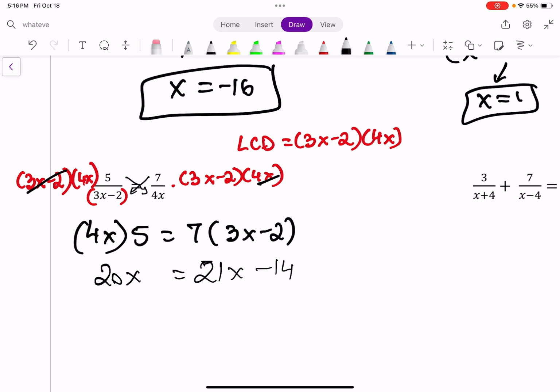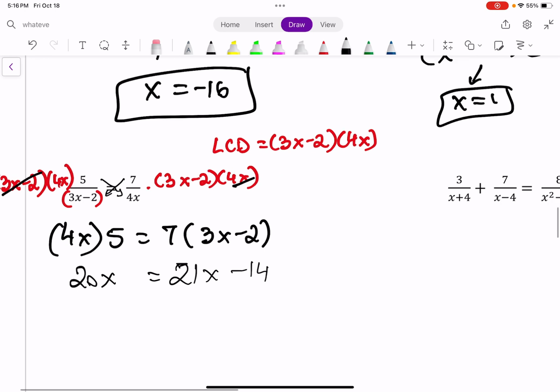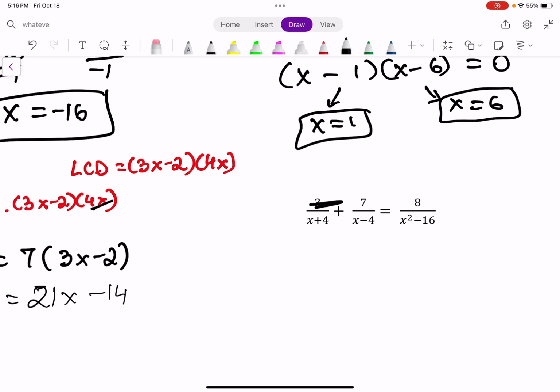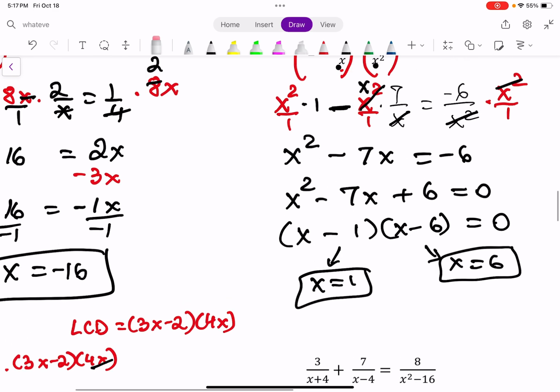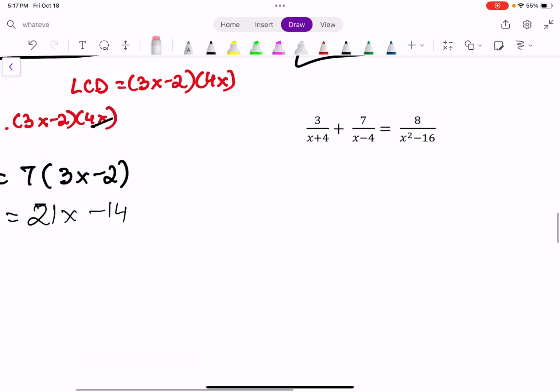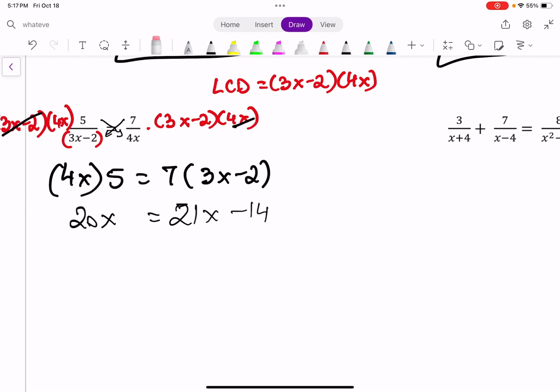So that's exactly what ended up happening. 5 you multiply to 4x, and 7 you multiply to 3x minus 2. But you can only do that if you have two fractions equaling each other, right? If it looks like this. But if you have more things, plus, plus, minus, you can't do that. And this is actually the only equation that I have here for you that looks like a proportion. So just two fractions equaling each other.